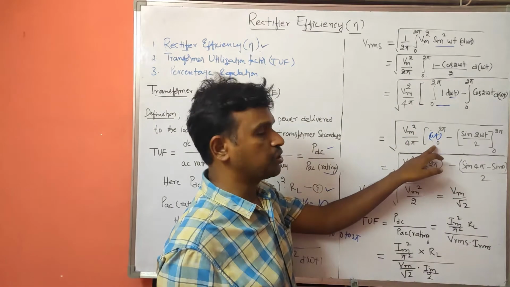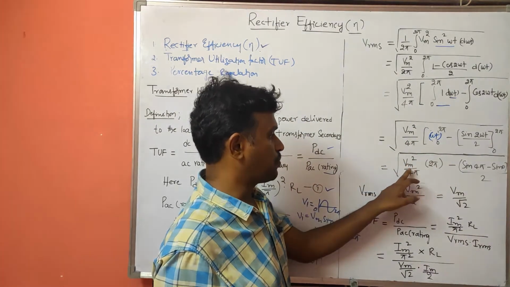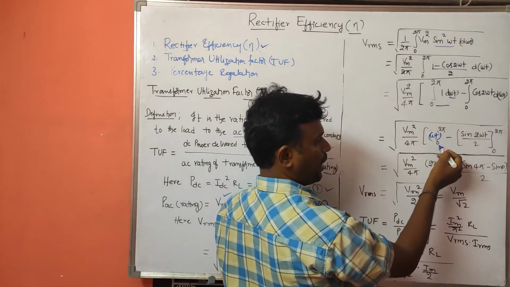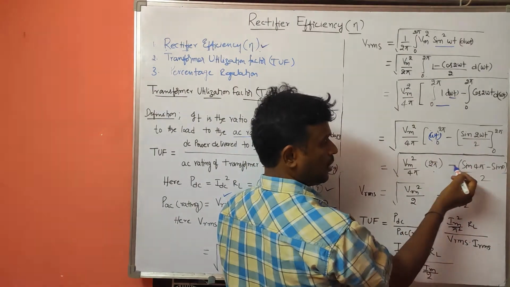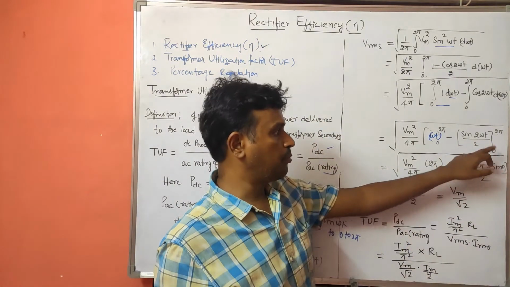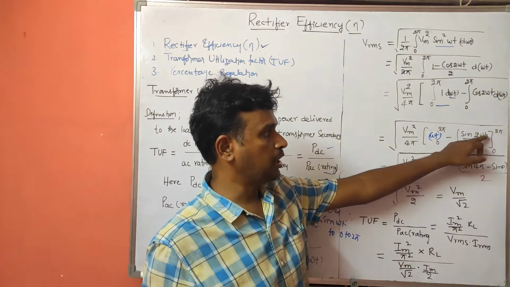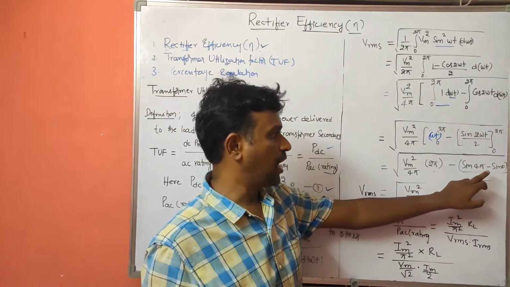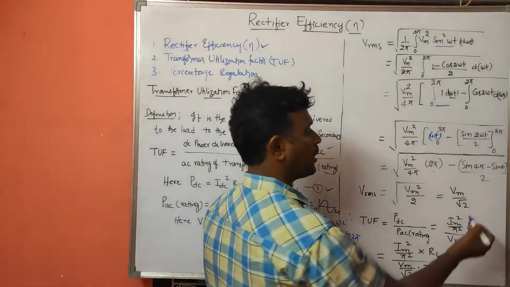So if I substitute these limits here, it becomes square root of Vm square by 4 pi multiplied by 2 pi minus 0, you will get 2 pi. But if you substitute these two limits in sin 2 omega t, omega t equal to 2 pi, therefore it becomes (sin 4 pi minus sin 0) by 2.